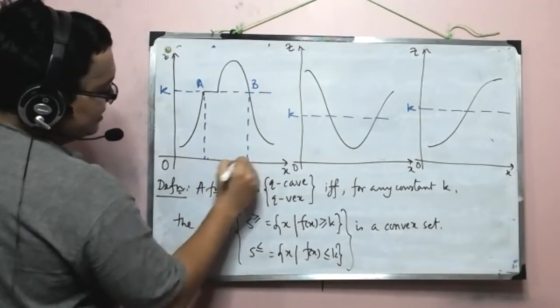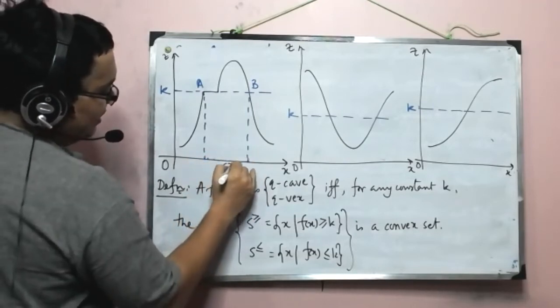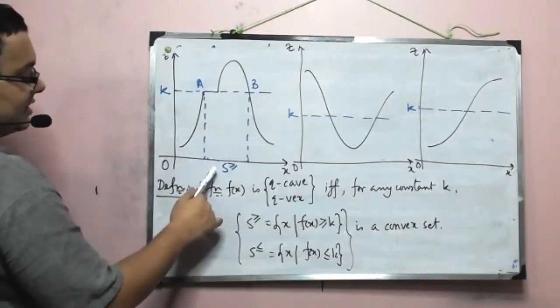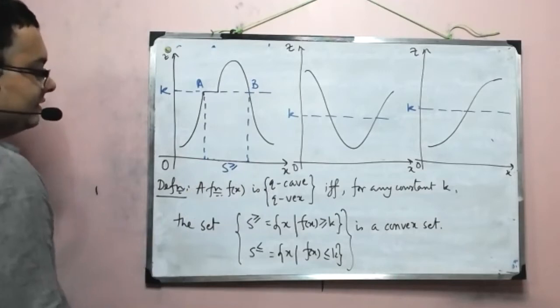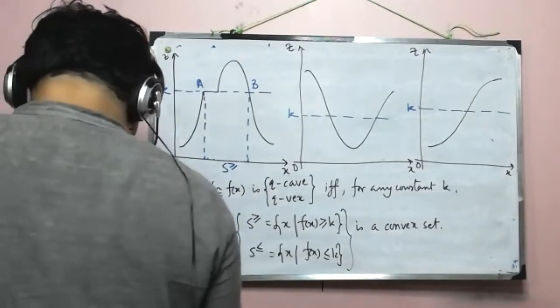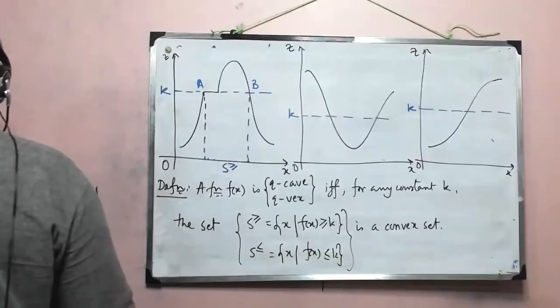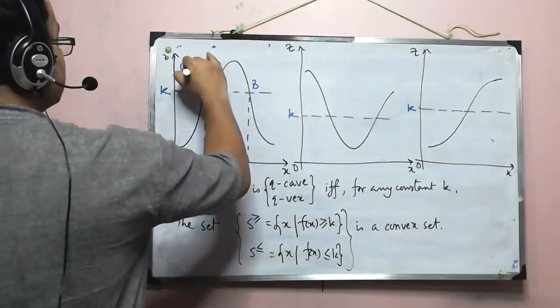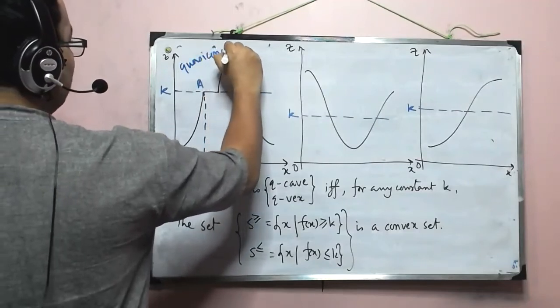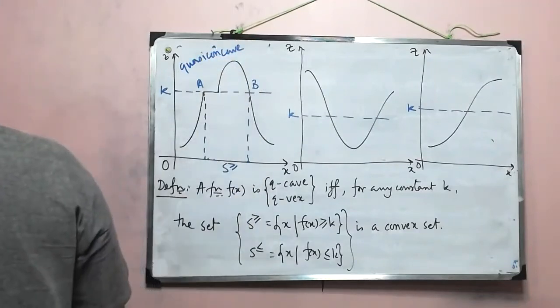If that x is collected, that will be our S greater than or equal to, and as you can see, this is a convex set. So immediately this curve becomes quasi-concave.